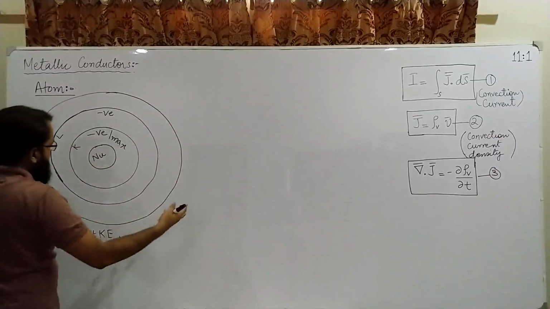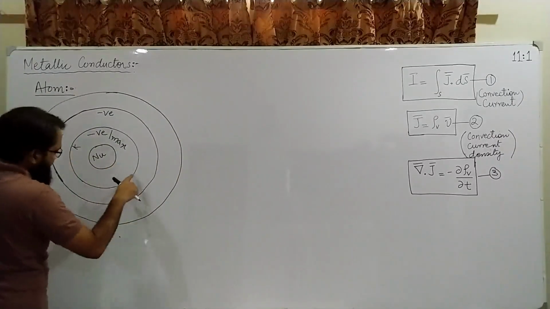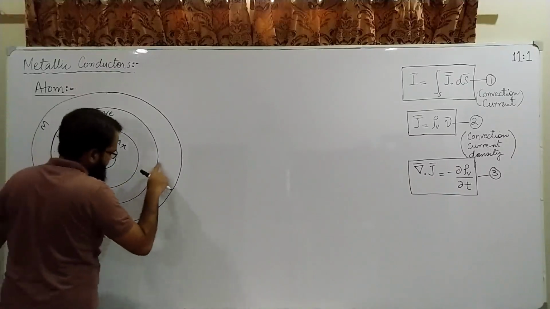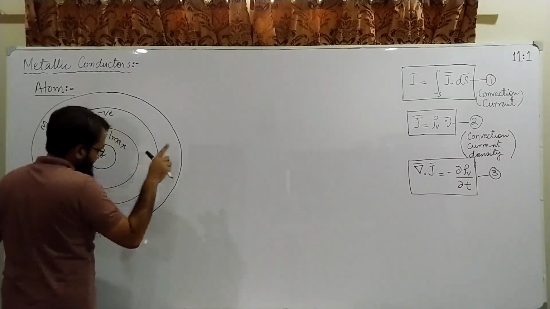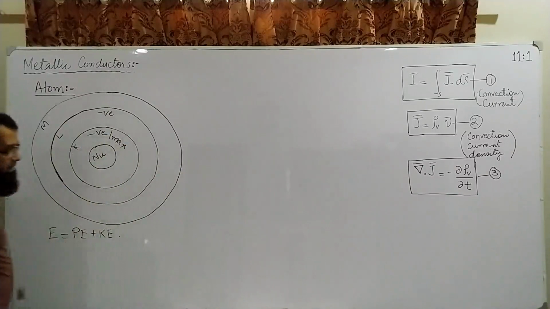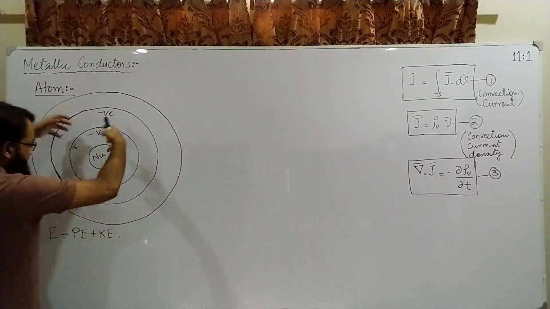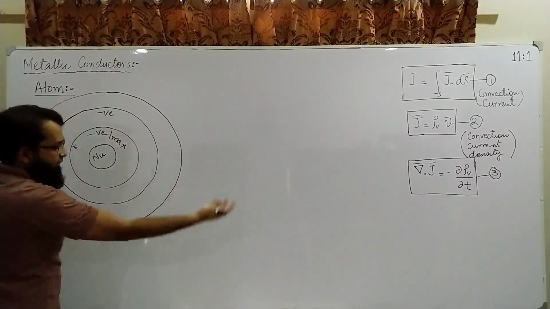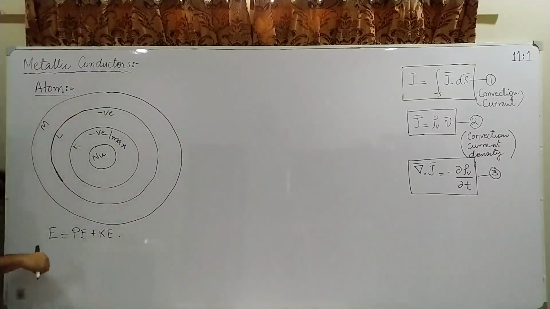Since we know that in order for an electron to jump from lower states to higher states, the surrounding should give energy in the form of heat or optical energy.